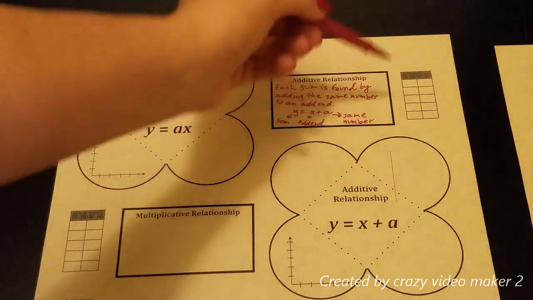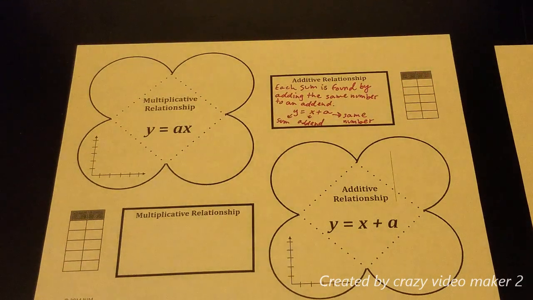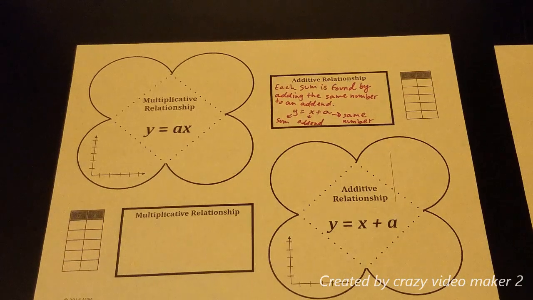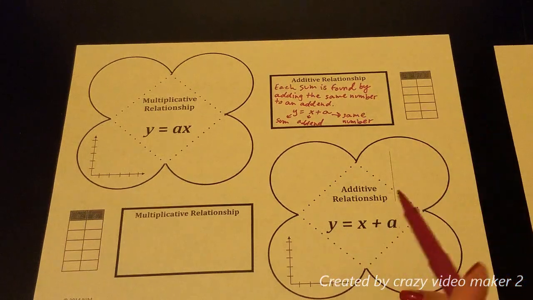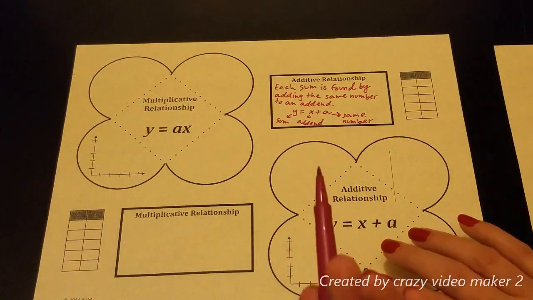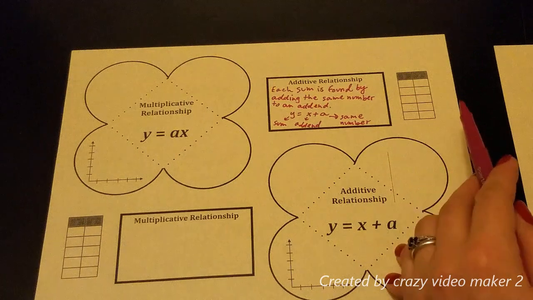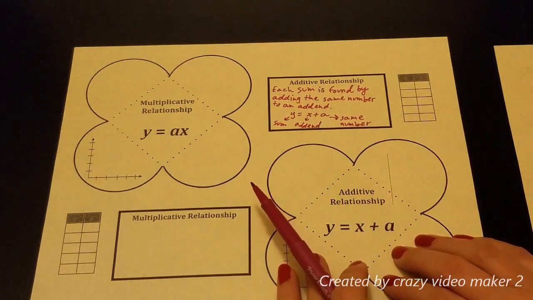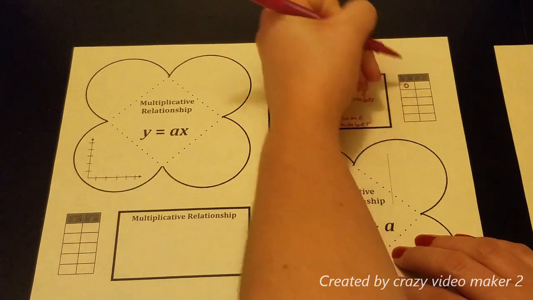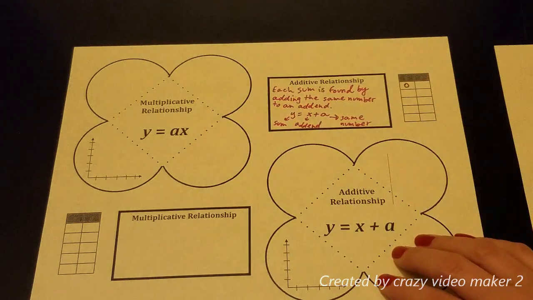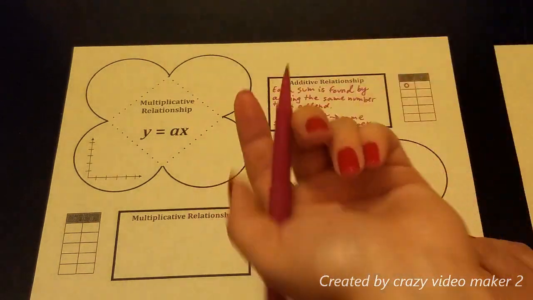So we have our table over here, and you're gonna be seeing several different representations of different relationships. So you can have a table, you can have a graph, you can have an equation, and you can have words. So we have our table here. Let's say that x is 0, and we're adding 4 to it.